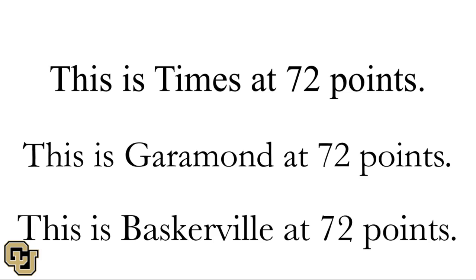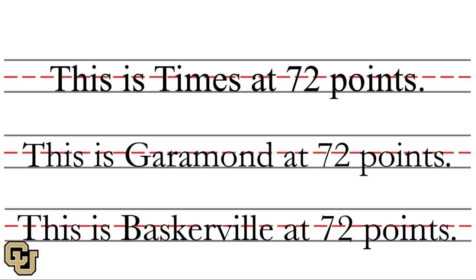This is why point sizes may seem to vary from font to font, because the size of the small x will vary too. So if we lay a 1 inch graph over these fonts, we can see they are not all exactly 1 inch tall. Factors such as x height, stroke, ascenders and descenders, and weight of the typefaces vary. So therefore, the point size will also vary.